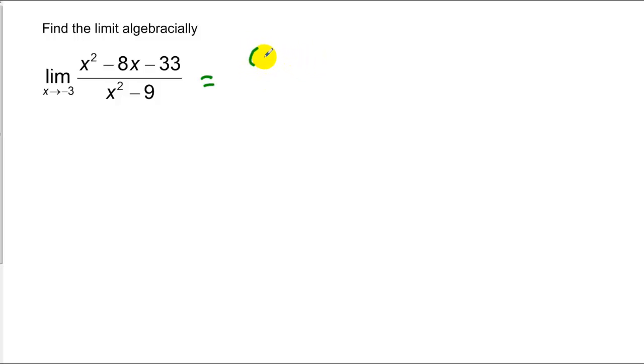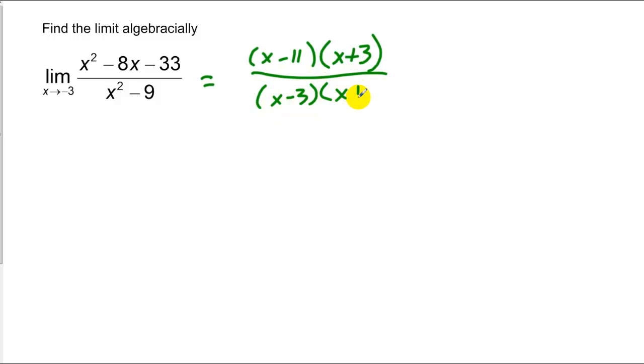We notice in the numerator we have x minus 11 and x plus 3, and our denominator is x minus 3 and x plus 3. Factors of x plus 3 reduce, which means our function is now x minus 11 over x minus 3.